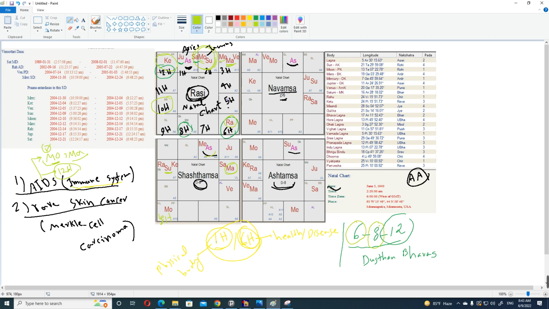In Navamsha, Mars is placed in Pisces. The ascendant of Navamsha is Taurus, and Mars is in a good placement, in a good house, the 11th house, but under the aspect of Jupiter.